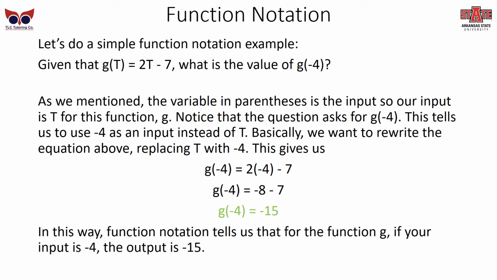We rewrite the same function, but with negative 4 instead of t. So g of negative 4 is equal to 2 times negative 4 minus 7. Order of operations, we multiply first: negative 8 minus 7, negative 15. In this way, the function notation tells us that for the function g, if your input is negative 4, your output is negative 15.